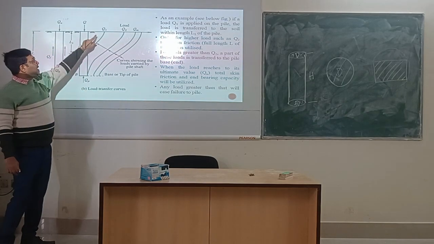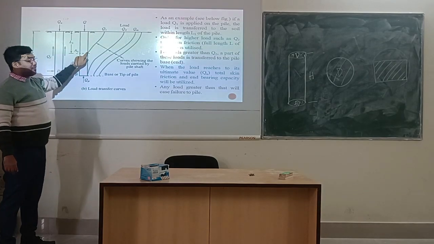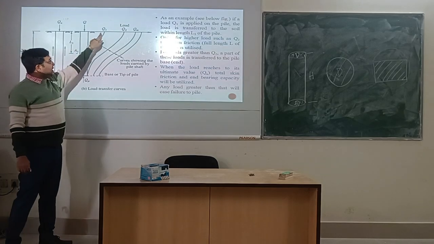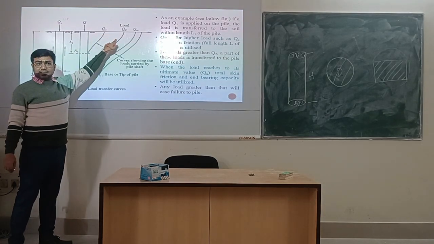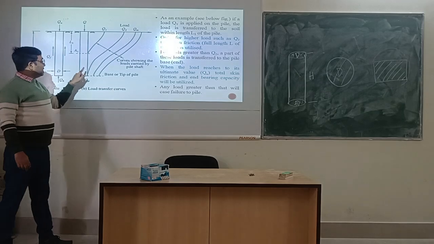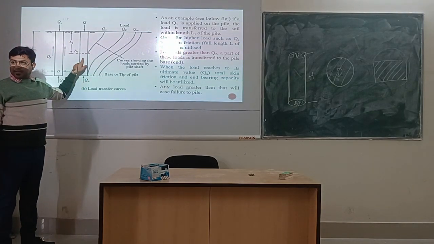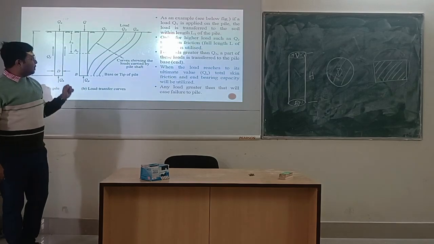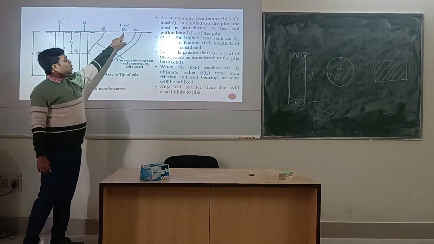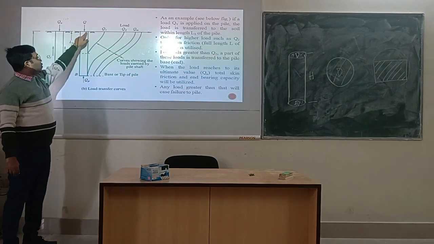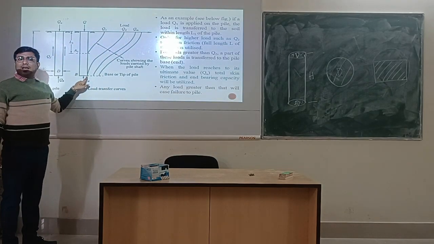So some of the load is carried by the friction capacity, and if this Q load is increased by some value, then that load is also carried only by the friction capacity, and by that we reach some load at which the total friction capacity will be utilized.